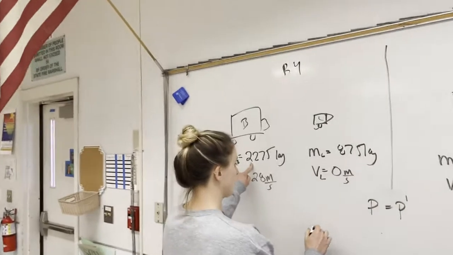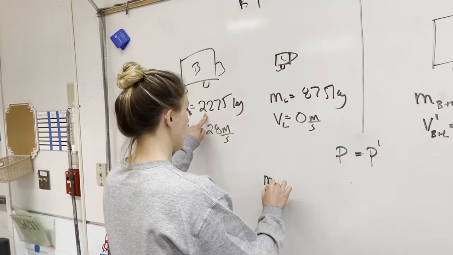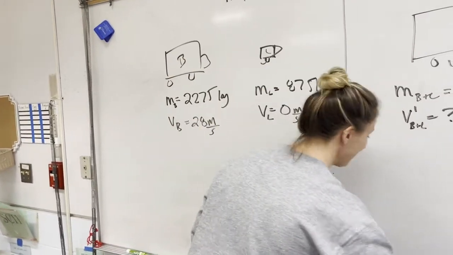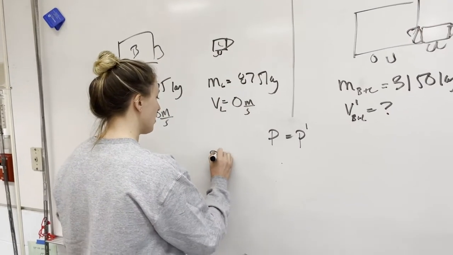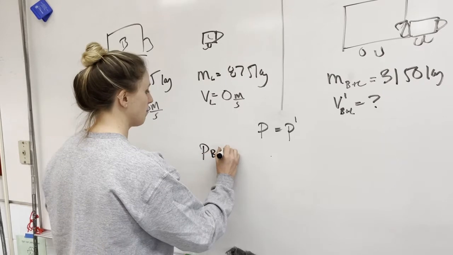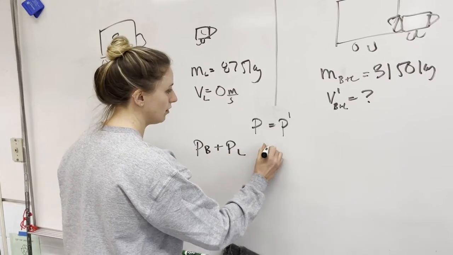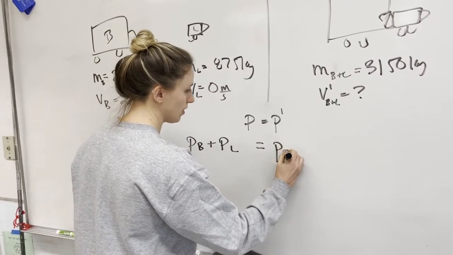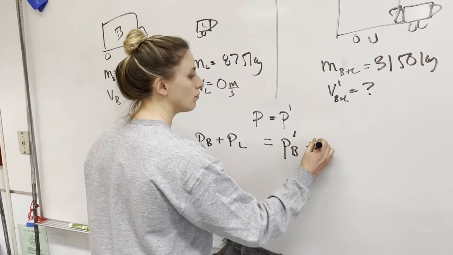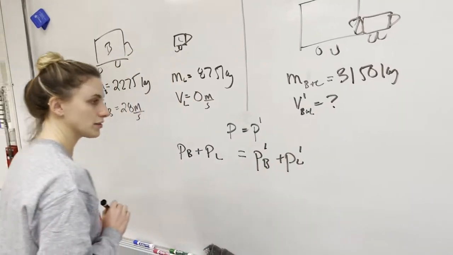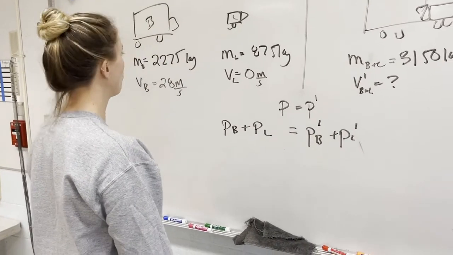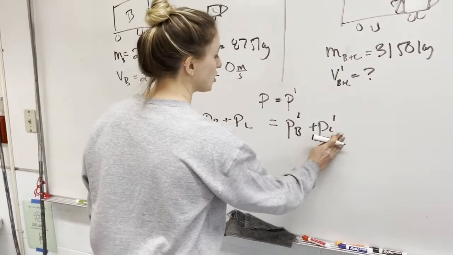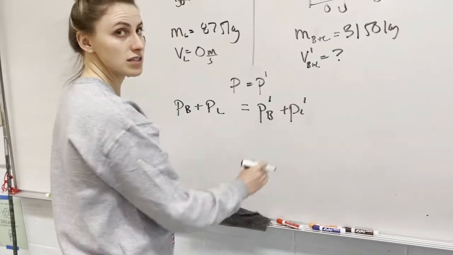So it's going to be, sorry, P. Jumping too far ahead. P big plus P little. The momentum of big plus the momentum of little equals the momentum of big after plus the momentum of little after. That's an L. Okay, so where's our answer gonna... actually, can't we combine these two?